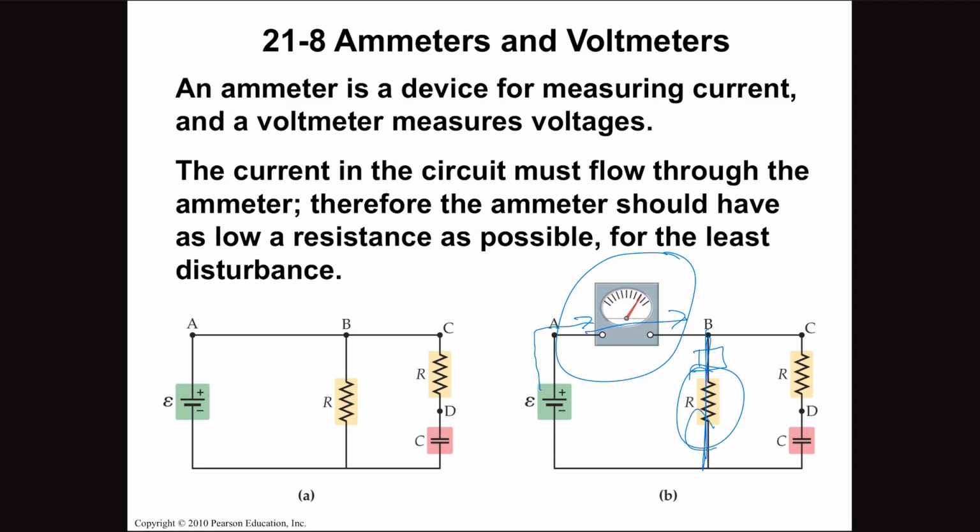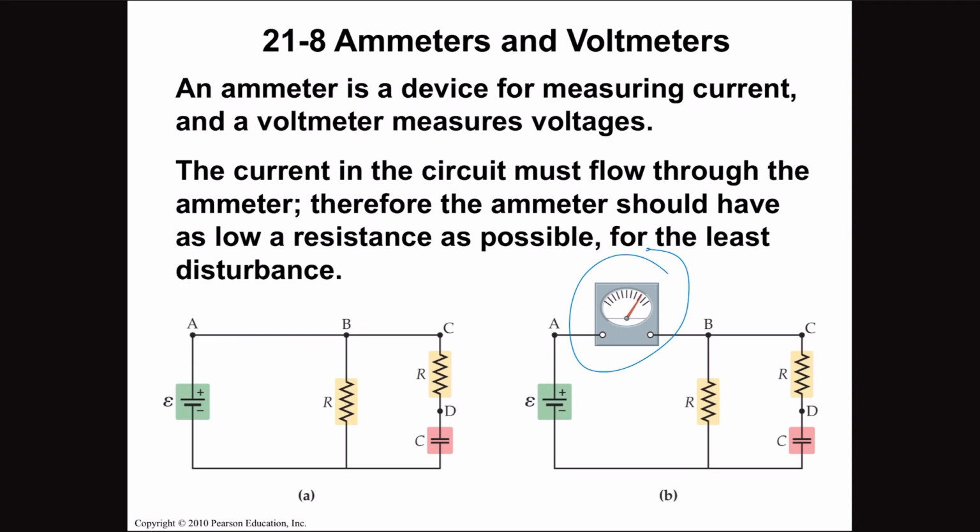In practice, this is rarely done because it's very easy to break your ammeters, especially if you have a digital one. Unless you're certain the current is going to be low, quite often you try doing this and you end up breaking the ammeter. It'll burn out the fuse or something like that. In order for this to not affect the circuit when you put it in series, because it has an internal resistance, you want it to be as small as possible.